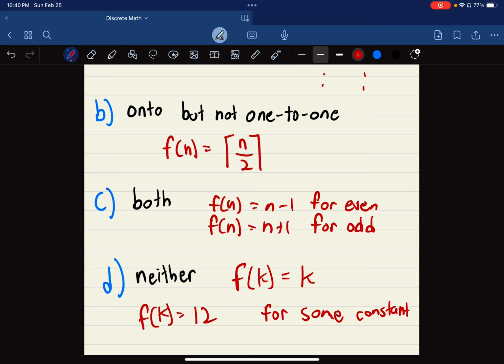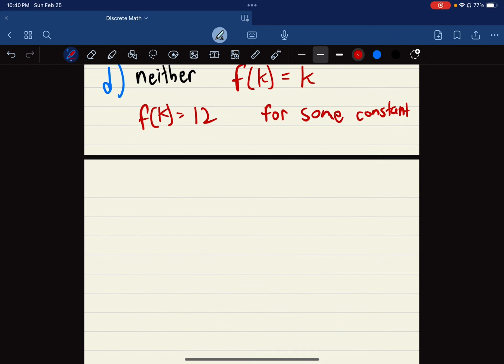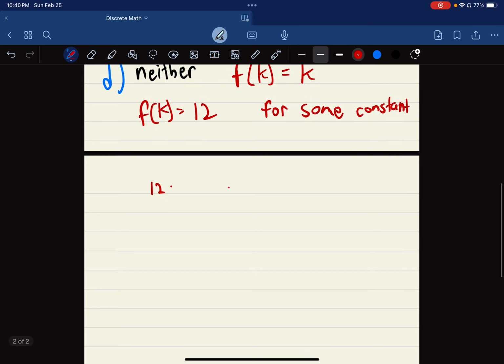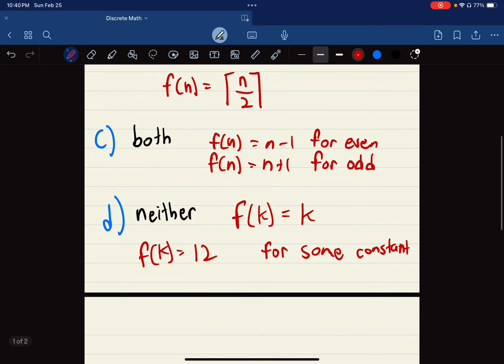That would make it neither, because if you have it equal to 12, you're essentially looking at this. You have 12, and 12 can only go to 12. Cool. Now what if I had all of these? None of these get touched. None of those get touched. So if you have a constant, it would just be neither. So constant is neither.